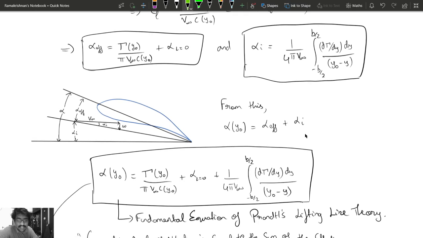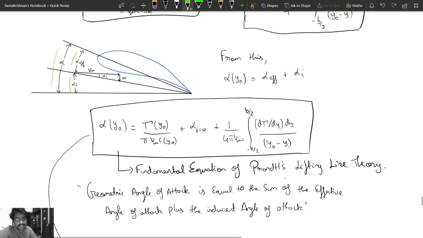So from this we can say that our net angle of attack, or the geometric angle of attack, is nothing but the sum of effective angle of attack and the induced angle of attack, which I write in terms of these integrals to be gamma over pi V infinity times c plus the angle of attack at zero lift plus this integral, which is due to the induced angle of attack.